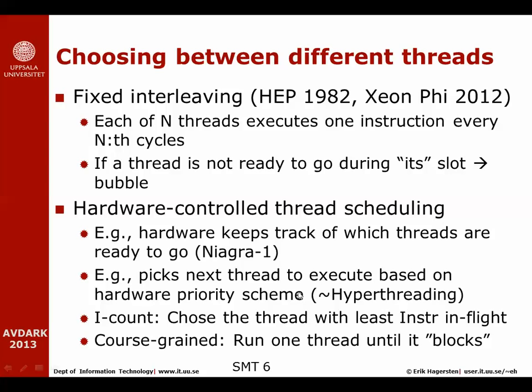Another way, which is not directly related to any others, is to do what's called coarse-grained scheduling. Here, you schedule one thread to run, and that thread runs as fast as it can, using every cycle, a new instruction every cycle, until it gets blocked for some reason, which could be, for example, a cache miss or some data dependence.